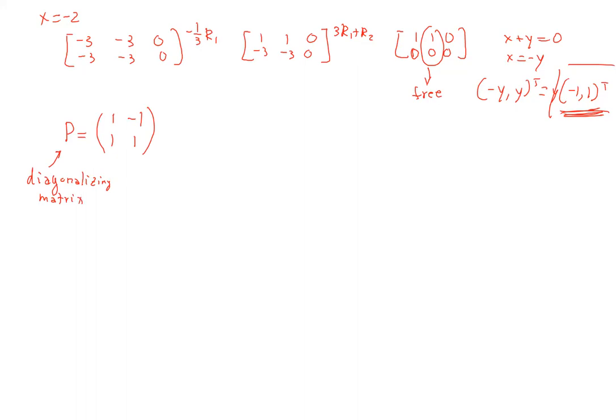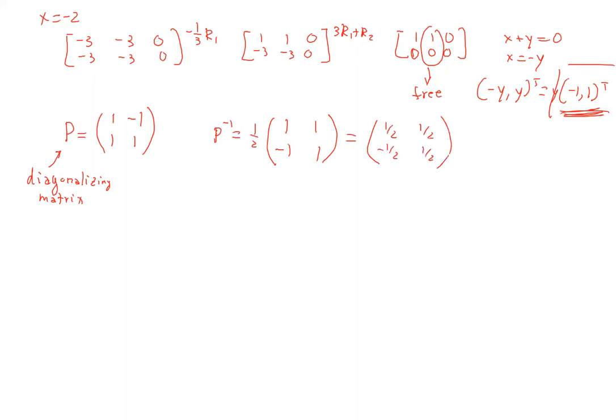So what is the inverse of this? Using the formula that we have seen directly, this is going to be 1/2 times 1 and 1 here. And then we're supposed to put 1 and -1 here, right? Which gives you 1/2, 1/2, -1/2, and 1/2.